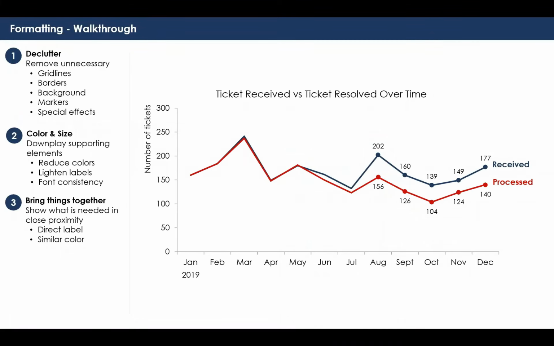This is what I have achieved by getting the color of the label exactly the same as the color of the line. Receive and process are the same color.